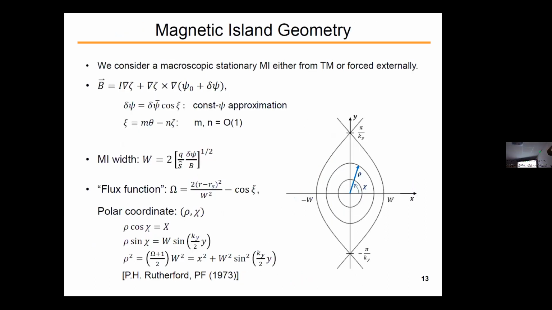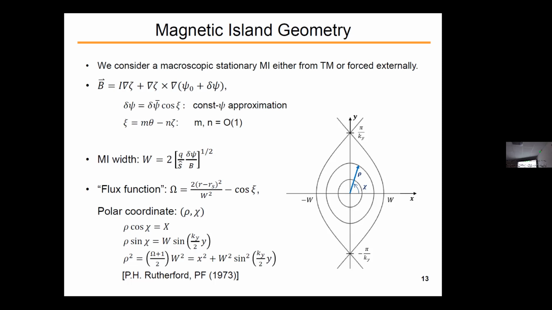So to do theory, we impose a large static magnetic island, then the nested tori of the tokamak geometry flux surfaces get modified like this, and this is the standard magnetic island geometry we learned from the Rutherford paper.